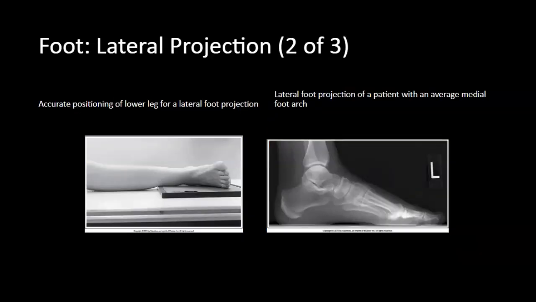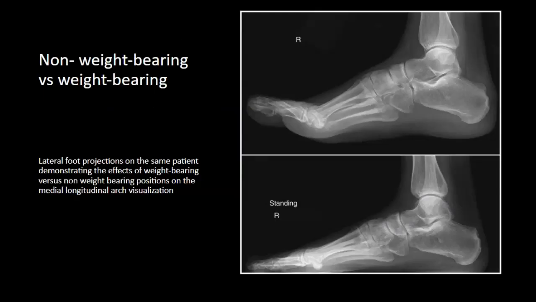Here is an example of an adequately positioned lower leg for a lateral foot projection on a patient with an average medial arch. Here is an example of a non-weight bearing versus a weight bearing projection. This is the same projection taken on the same patient.